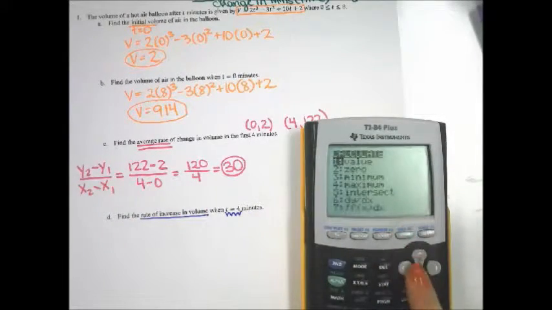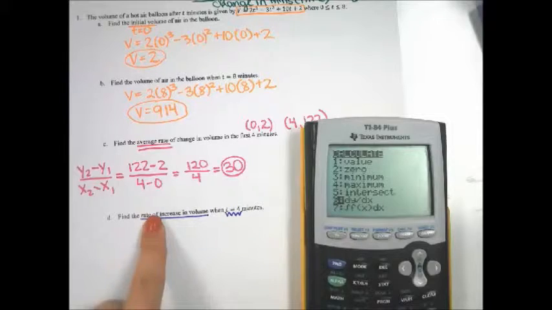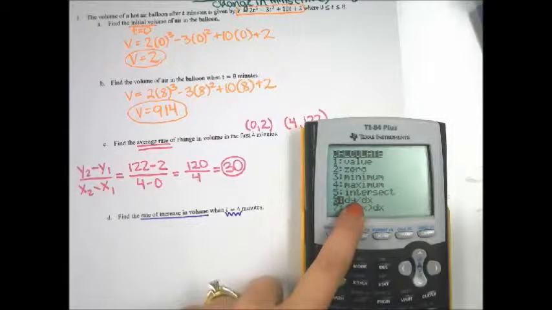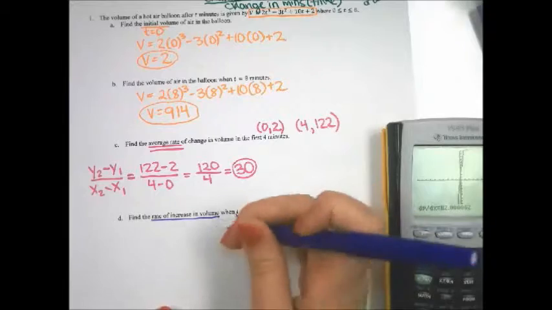Calculator-wise, we can go second, calculate. Number 6 will give us our rate of change or our slope or our gradient, however you want to think about it. It's our rate of increase, our rate of change at plus 4, enter, and we should have a rate of increase of 82.